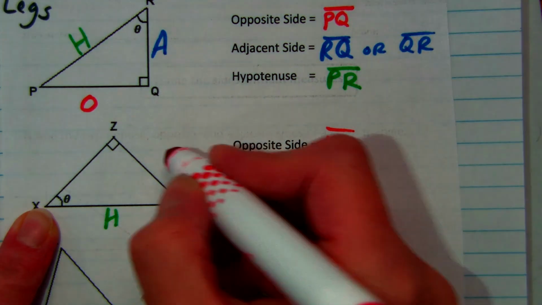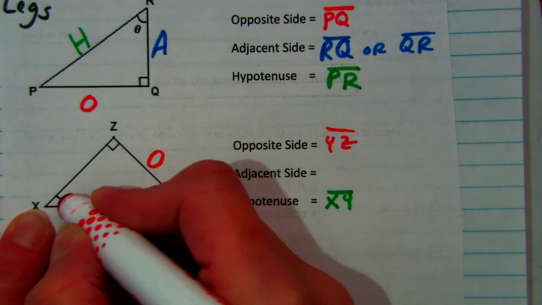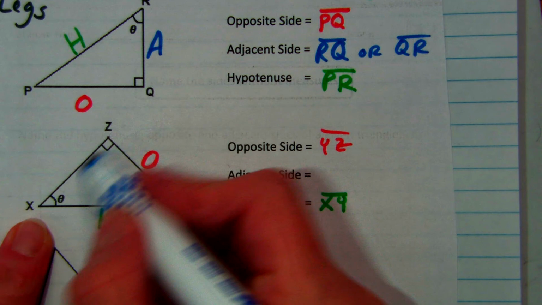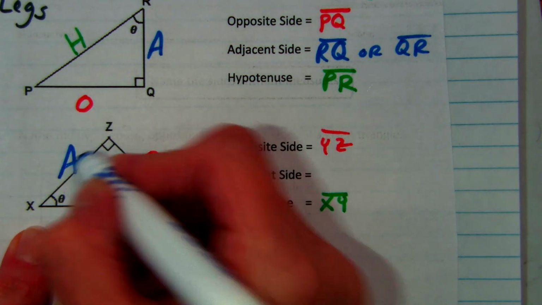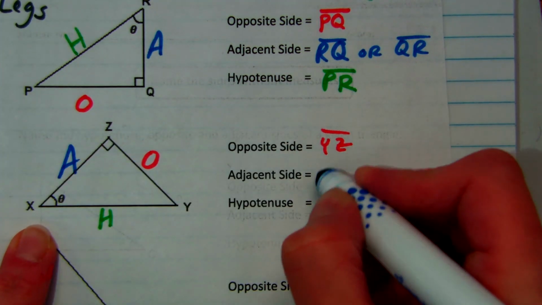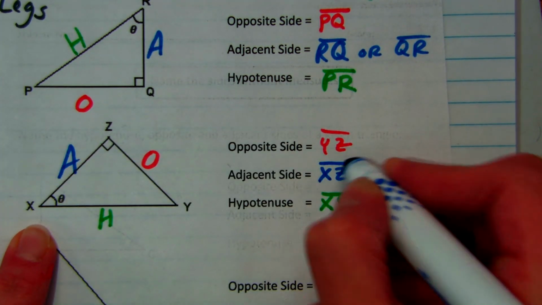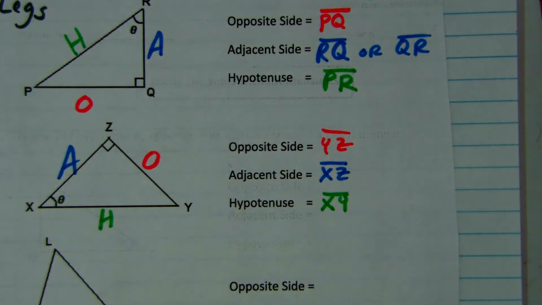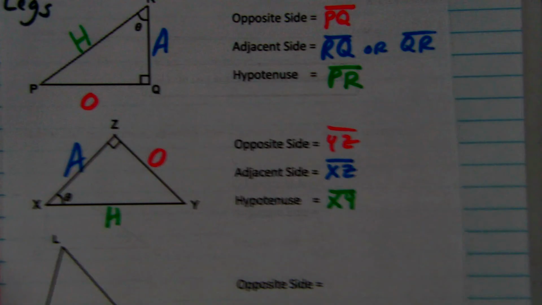It actually doesn't matter. So this would be my opposite side. It's across from theta. And then the adjacent side, the one that's left, but it's also next to your angle, we could call that XZ or ZX. And then this little bar above it just tells me that it's a segment, that it has endpoints. It's not a line that goes forever, or it would have arrows.